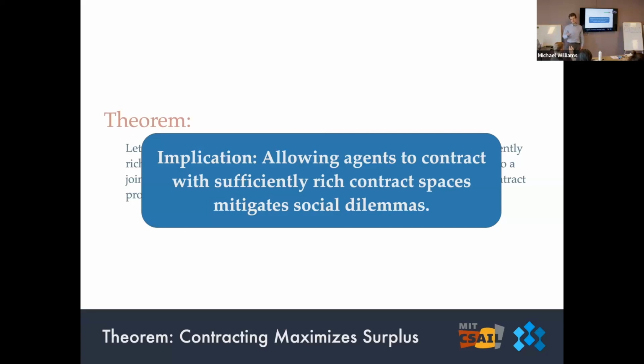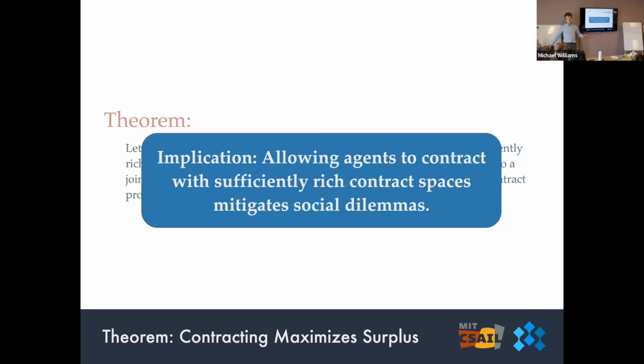Does it also depend on the dimensionality of theta, if it's a parameterized space? No. It's really about the possibility; the property that you need is that your contract space is rich enough to detect deviators, in some sense. Okay, have a look at the paper.